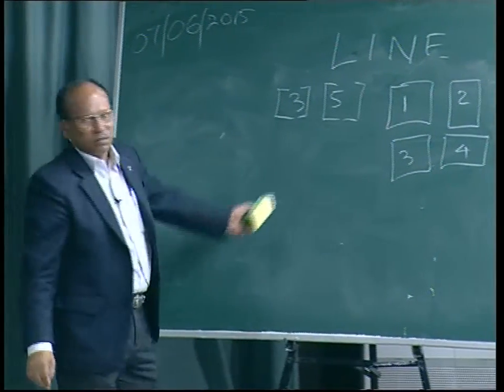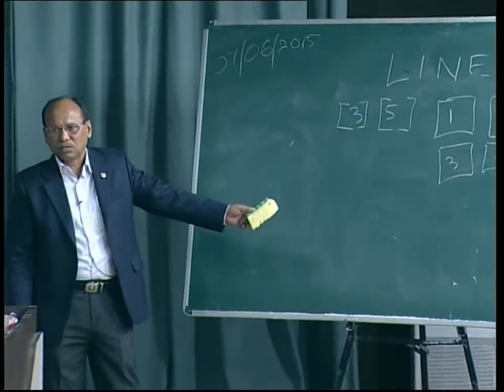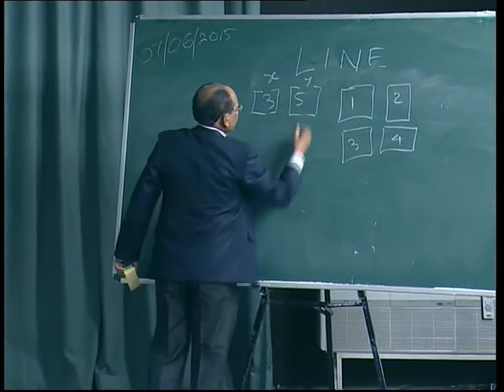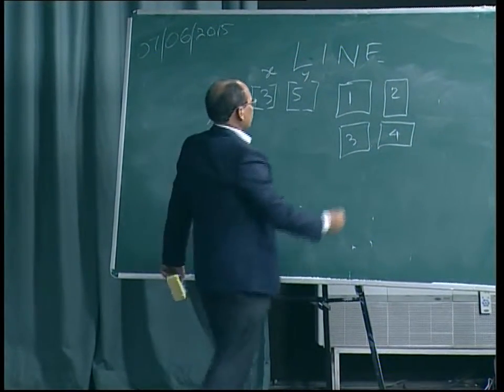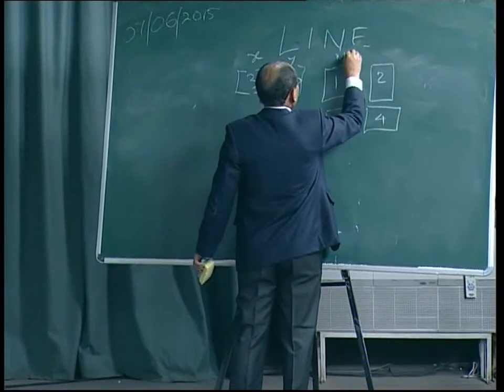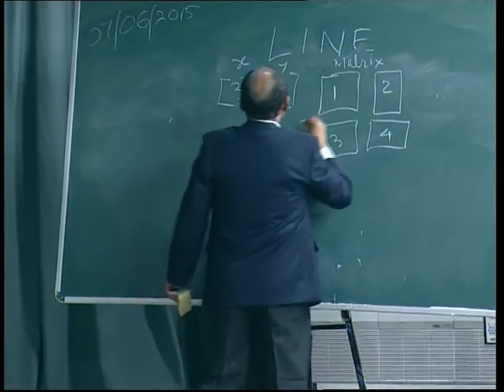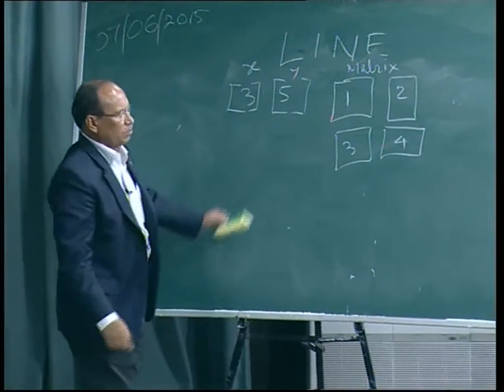This is your x and y, and this is your multiplication matrix by which you want to multiply. This is your point and you want to multiply this.